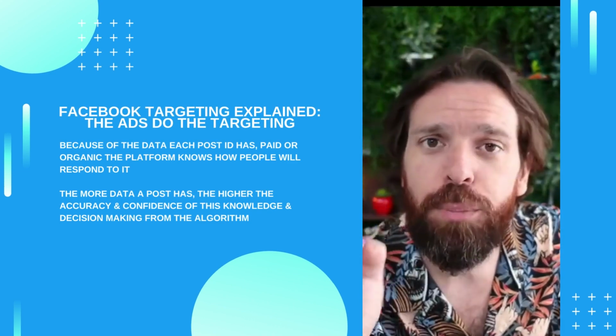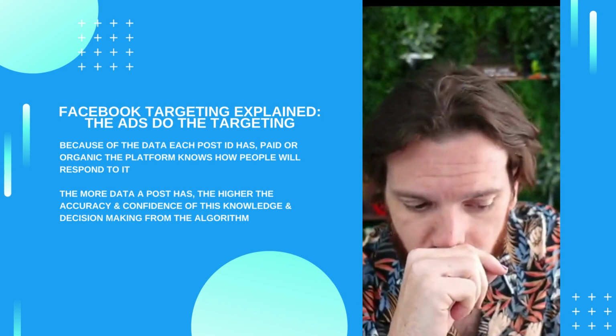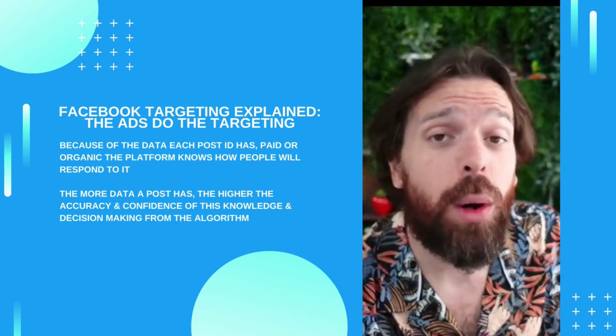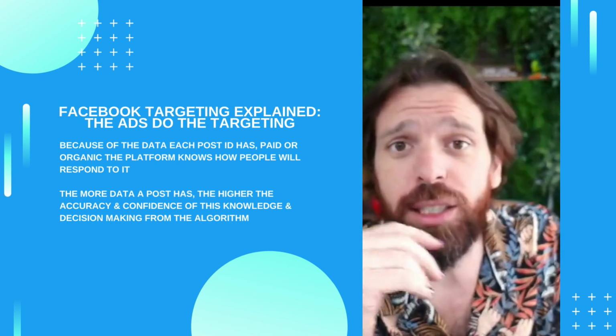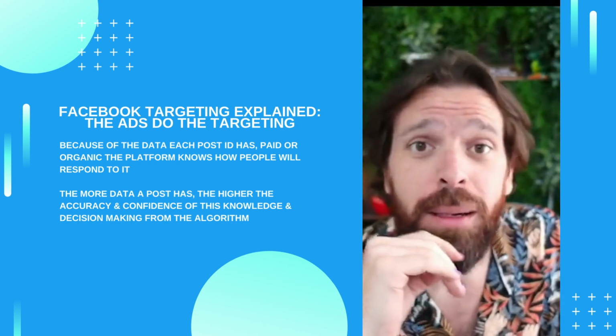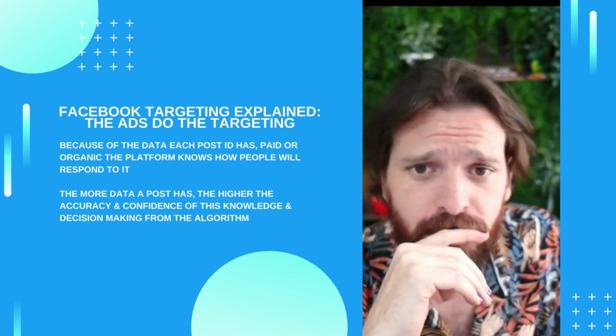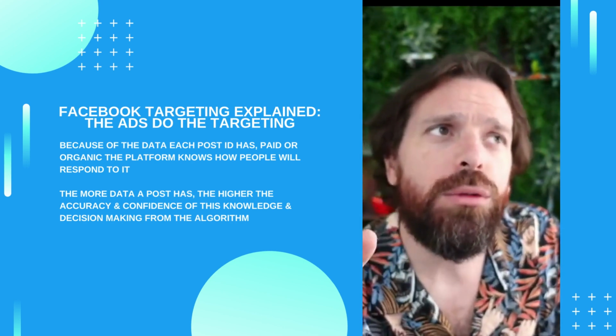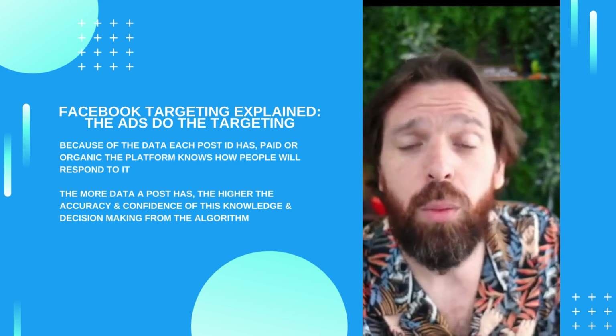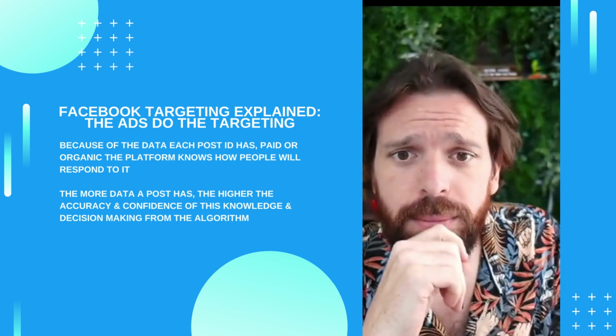Because of the data each post ID has, whether it's paid or organic, Facebook, Instagram, TikTok or YouTube, Pinterest, Snapchat, go on, the platform knows how people will respond to it.